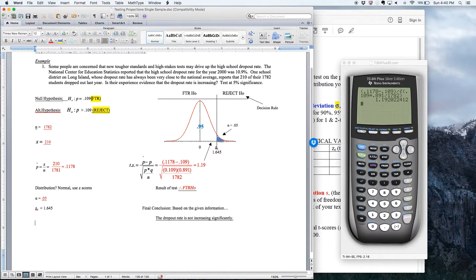Why do we say this fancy phrase, fail to reject? Well, the bottom line is we're not asking everyone in the population, did you graduate or not? So we don't really know what this number is in theory, right? So we don't say accept, being that we don't ask everybody. We're just saying, listen, we don't have enough evidence to reject it. So since I don't have enough evidence to reject it, we're going to say fail to reject.